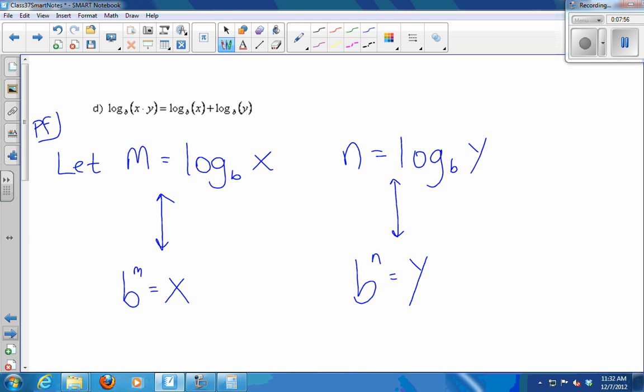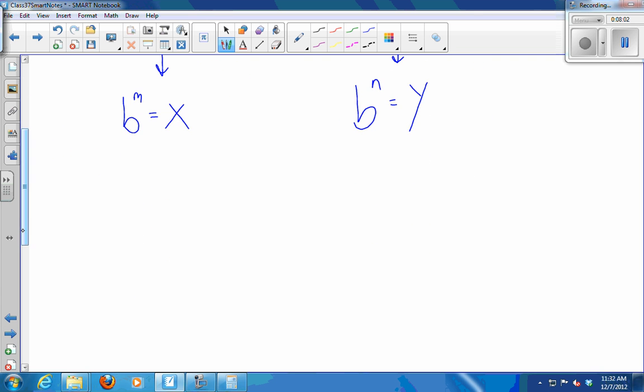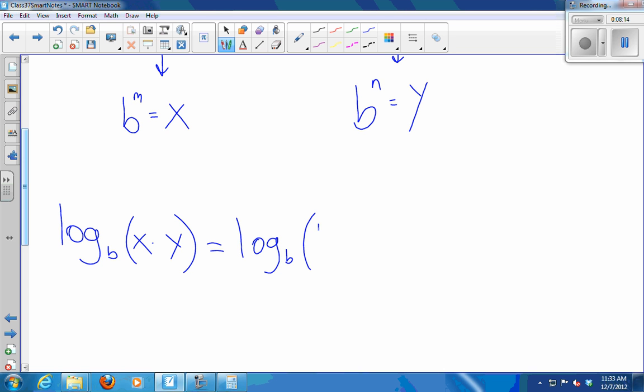So this is just some preliminary work. Now I'm going to start here and prove that it equals the right side. So log base b of x times y. All right, so x is b to the m. So this says log base b of b to the m times y, which is b to the n.